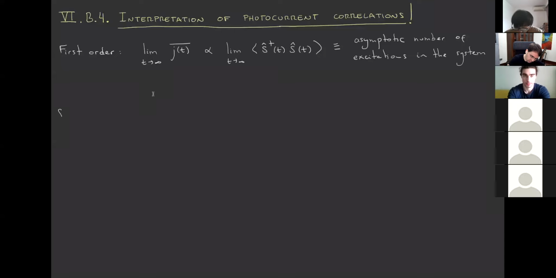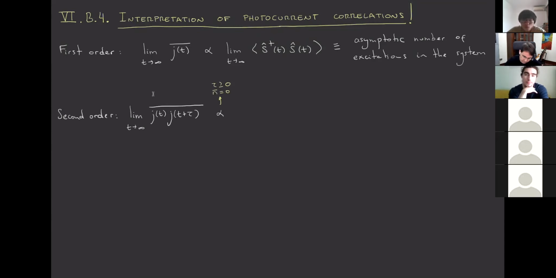Now what happens with the second order one? And here is where we will start seeing interesting stuff. So again, we care about the limit when t goes to infinity, but now we are going to see what happens when we have the correlation between the photocurrent with itself, so with the photocurrent at a different time, okay? Now we have seen that this is proportional, again, assuming that tau is larger or equal to 0, and that the number of thermal excitations is equal to 0.